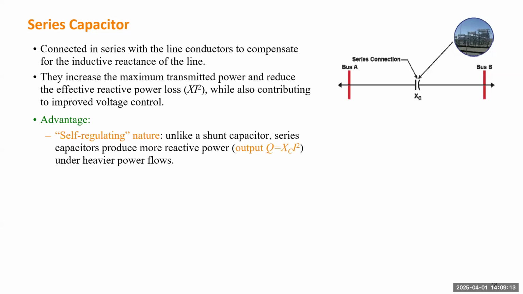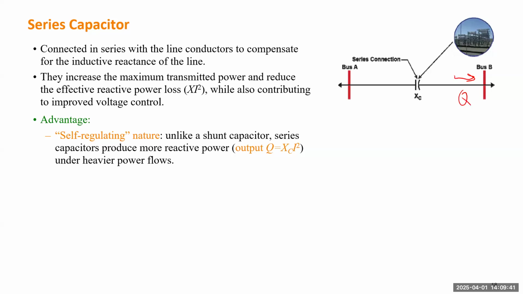The Q is equal to the reactance multiplied by the current squared. So if the system is operating under a heavy load condition, for instance, bus B connected to a load, the voltage becomes worse and the current increases, and the increased current will make more Q go into substation B. That's different from the shunt capacitor.